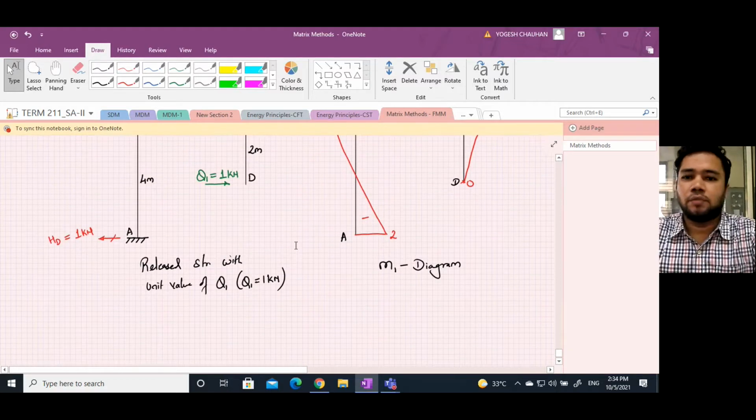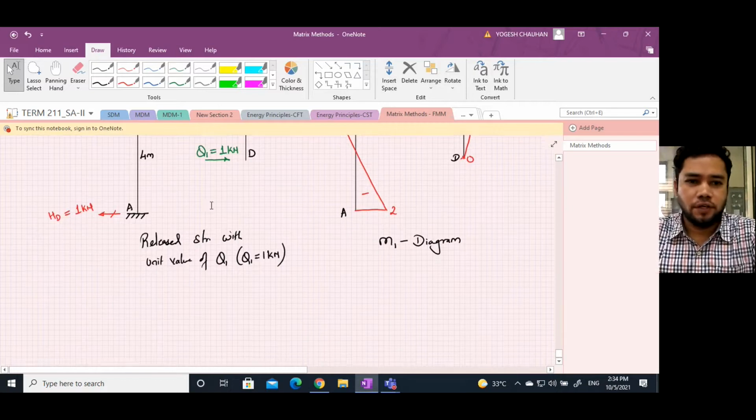Now similarly we draw the bending moment diagram for the other two redundants.